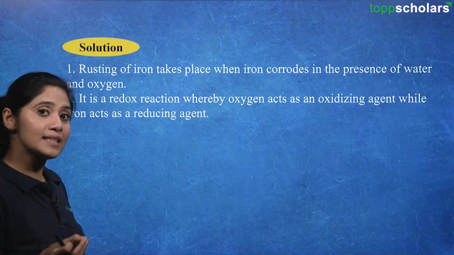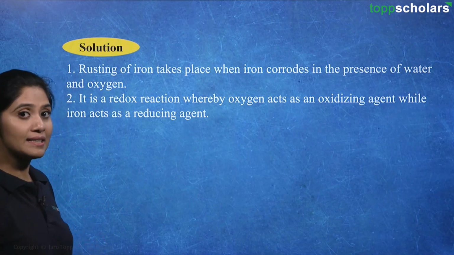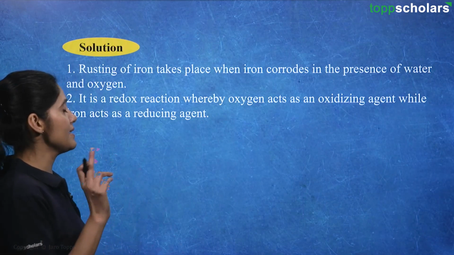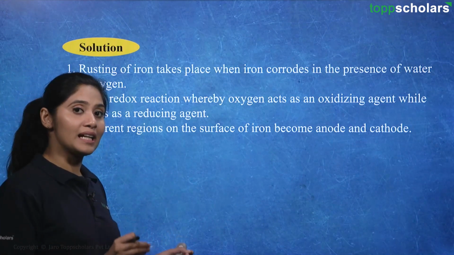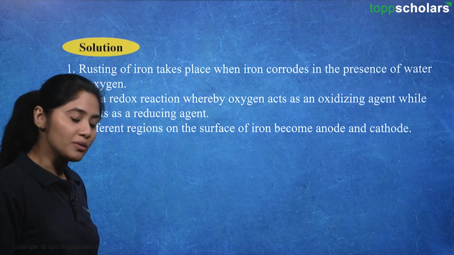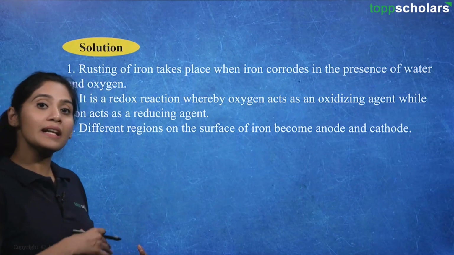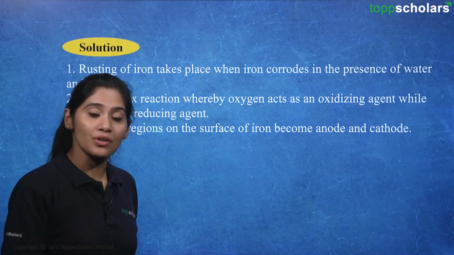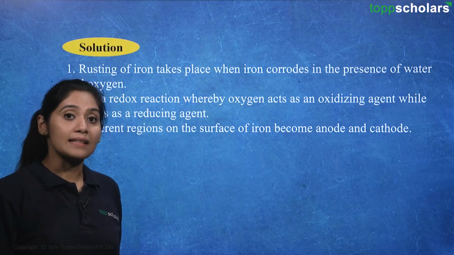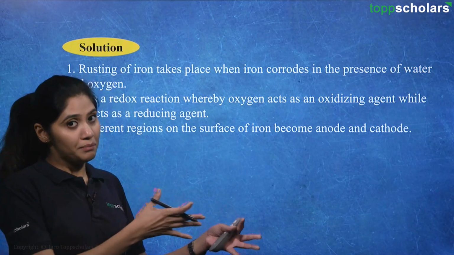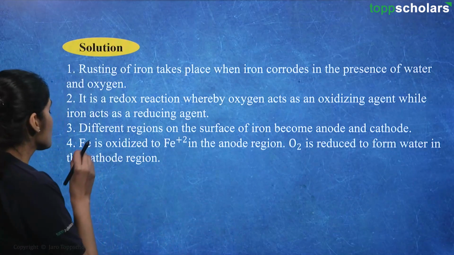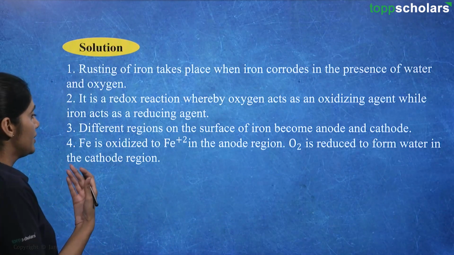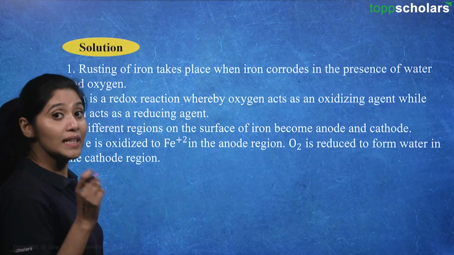So, where is this oxidation taking place and where is this reduction taking place? Different regions on the surface of iron become anode and cathode. This means that different areas on the surface of the iron act as a positively charged area and a negatively charged area. Now, Fe is oxidized to Fe2+.